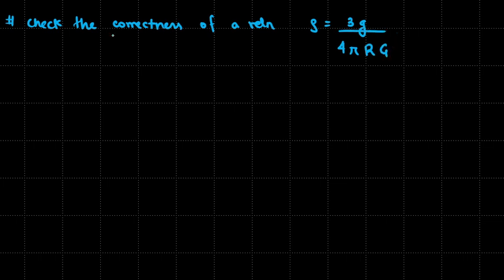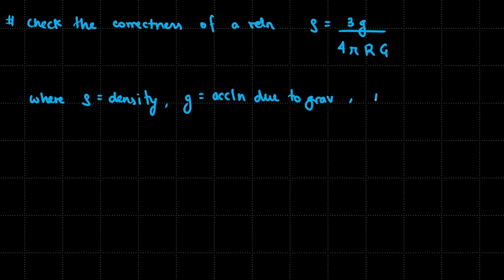So this is our relation, where rho is the density and g is the acceleration due to gravity, R is the radius and G is the universal gravitational constant. So we have to check the correctness of this relation.